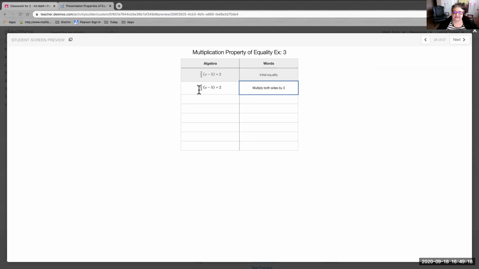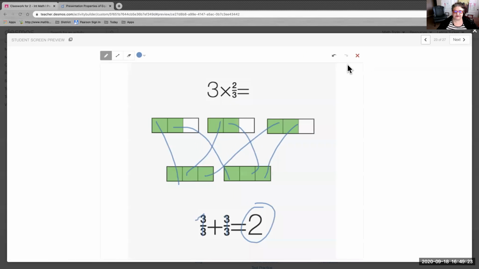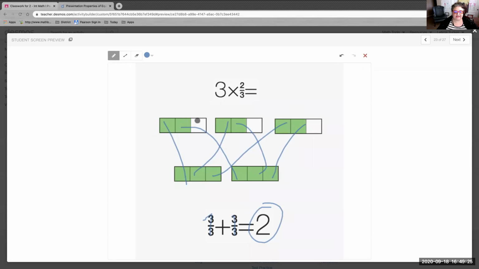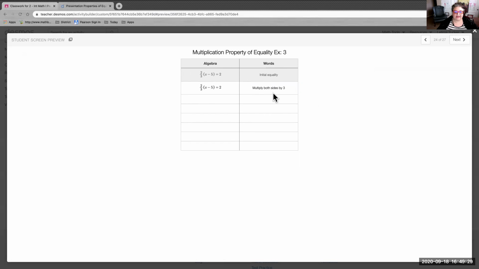And that's because this was divided into thirds, kind of like these were divided into thirds. That's why I'm going to multiply by 3.